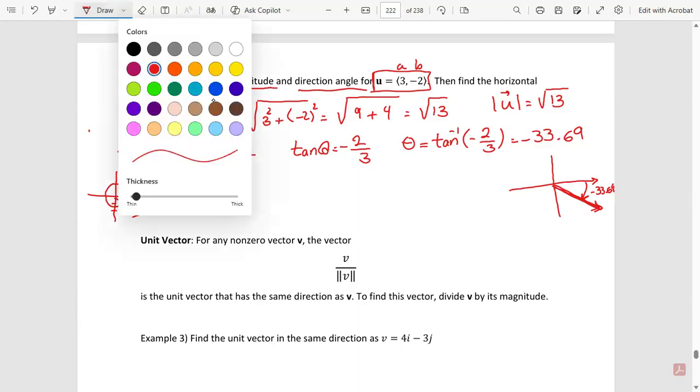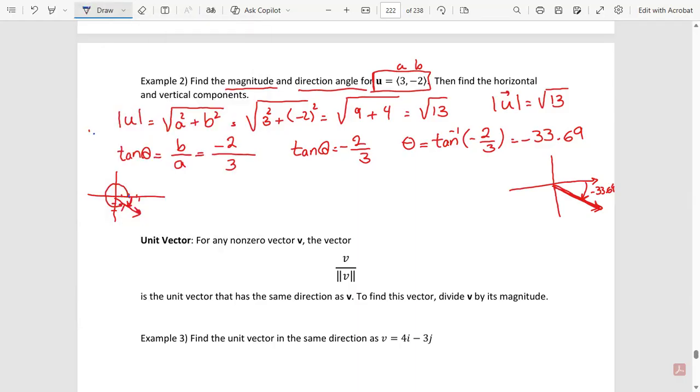Okay. Different color. This is the angle we want to find, the direction angle. To find that, we just need to subtract 33.69 from 360 degrees.